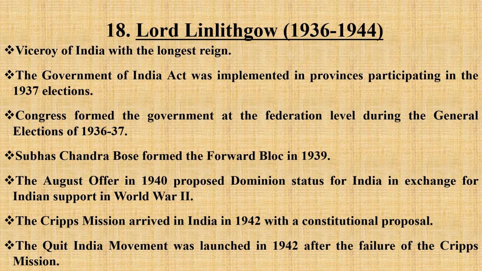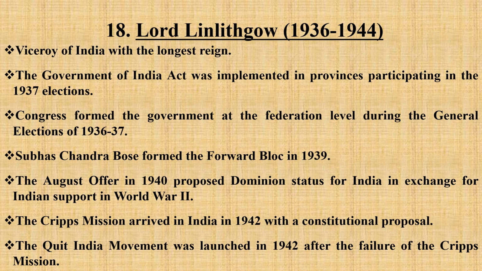Lord Linlithgow, 1936 to 1944. Viceroy of India with the longest reign. The Government of India Act was implemented in provinces participating in the 1937 elections. Congress formed the government at the federation level during the general elections of 1936 to 37.